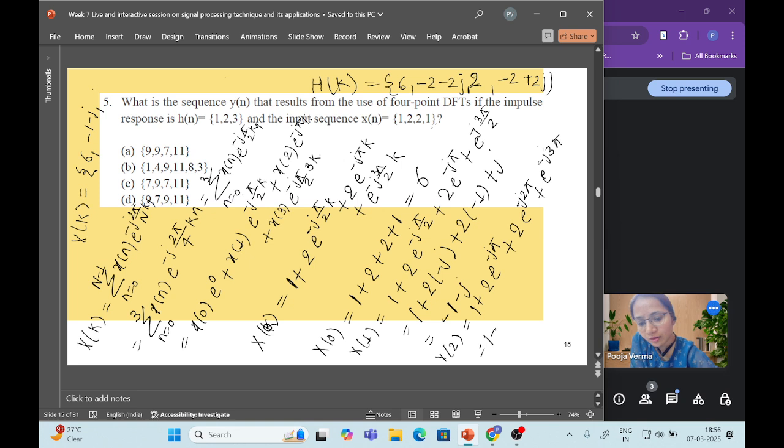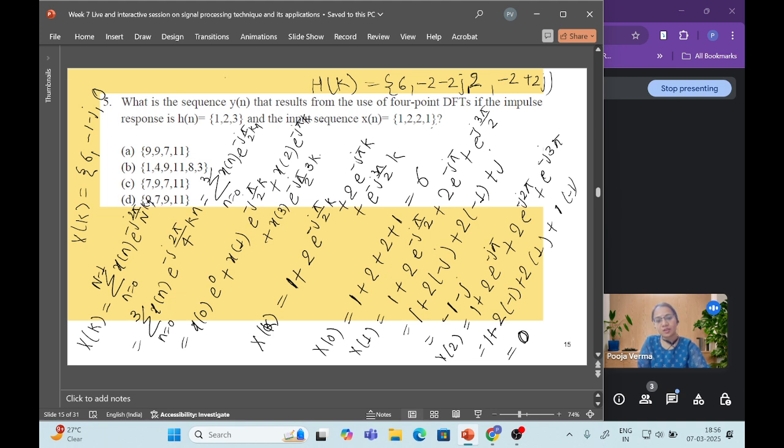So 1 plus 2 e to the power minus j pi: 1 plus 2, this value is 1 plus 1, and this value you will get minus 1. So that will cancel out, you will get 0. So X of 2 value is 0.